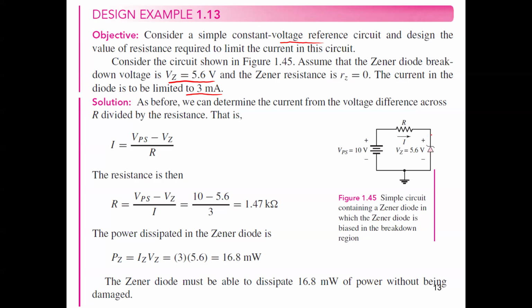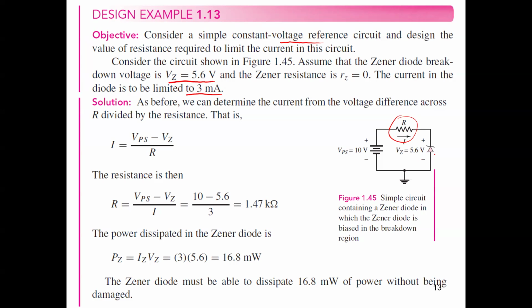We need to limit the current in the Zener diode here to 3 milliamperes. Okay, let's see how we can size this circuit. Sizing the circuit means, guys, what is the value of the resistor here? How much resistance should we have here in order to limit the current of this circuit to the value of 3 milliamperes.